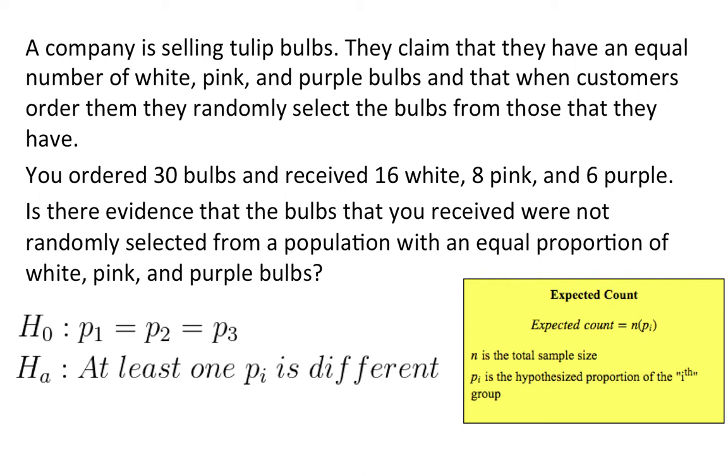In this particular case, n equals 30, and all of the hypothesized population proportions would equal 1/3, or 0.333. 1/3 times 30 equals 10, so all of our expected counts are 10. The assumption that all expected counts are at least 5 has been met, so we can go ahead to conduct our chi-square goodness of fit test.